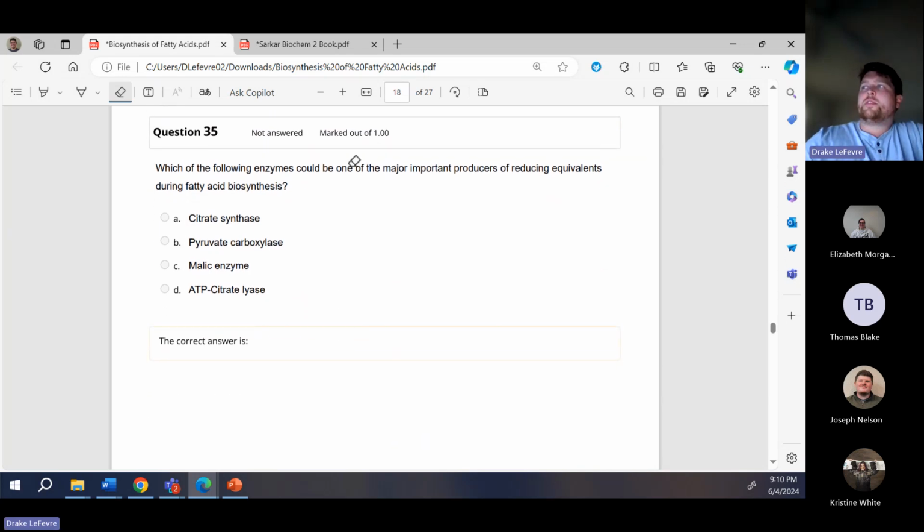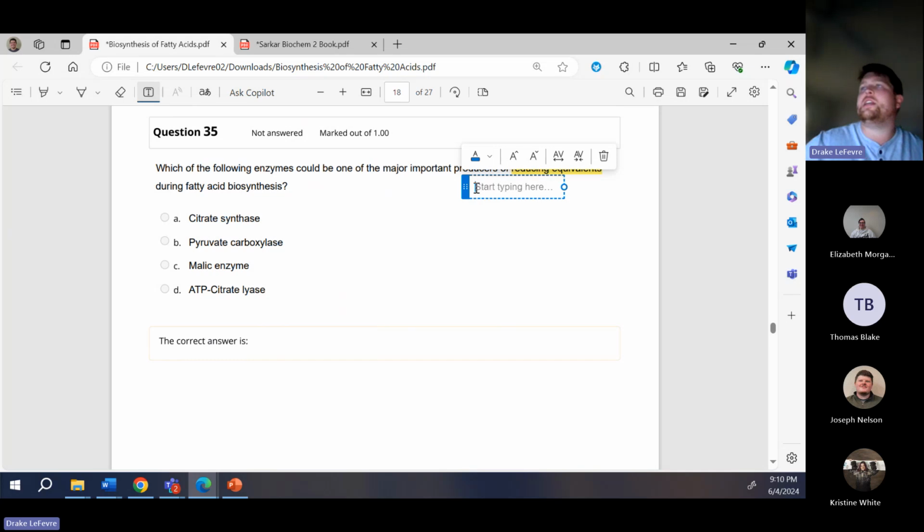Which of the following enzymes could be one of the major important producers of reducing equivalents during fatty acid biosynthesis? So reducing equivalents, we're talking about stuff getting reduced. If stuff is getting reduced, we have those reducing agents.